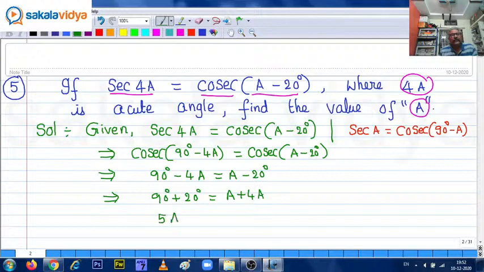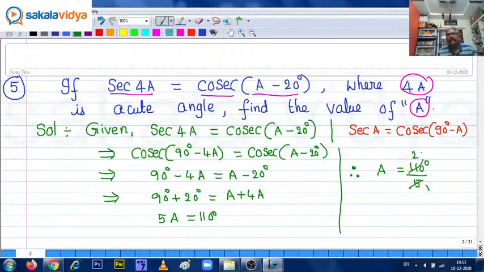So 5a equals 110 degrees. Therefore a equals 110 degrees upon 5. How could you simplify? 5 twos are 10, 5 twos are 10. Hence a equals 22 degrees. This is the answer.